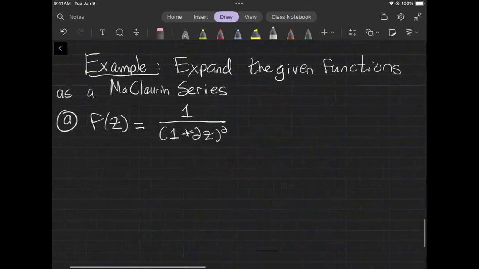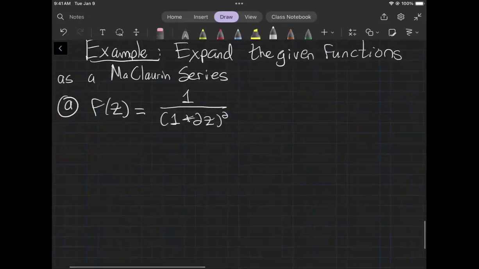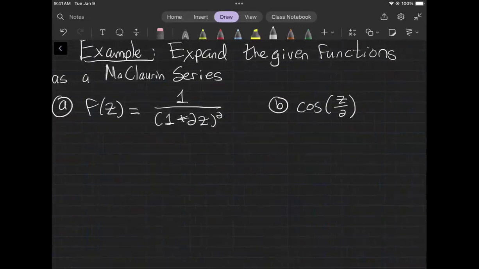And then part B is cosine of z over 2. So I want you to look at how we would formulate the Maclaurin series for these two functions.